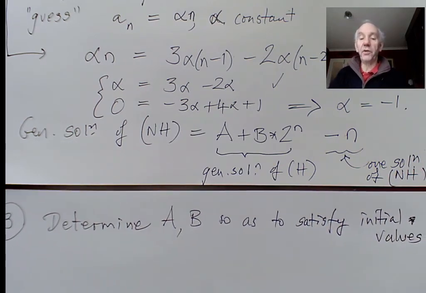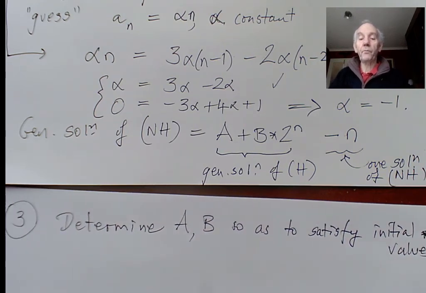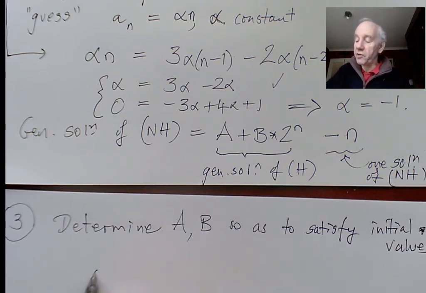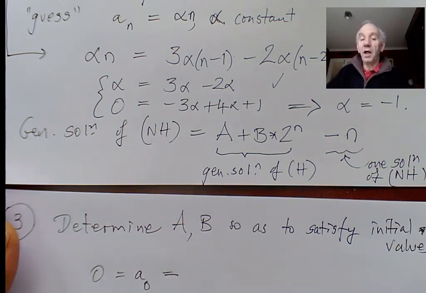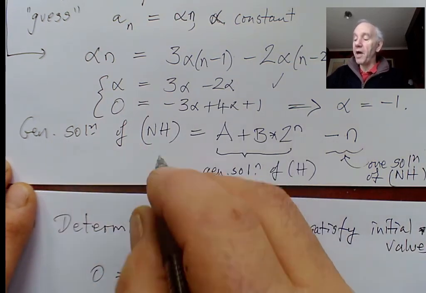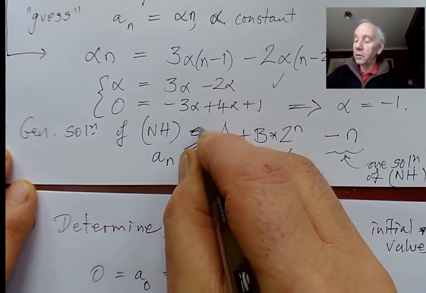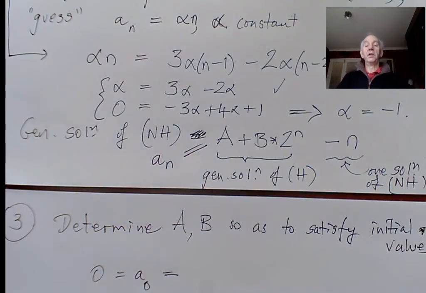The initial values were A0 is equal to 0, but what is A0? I said this is the general solution of NH. What I meant is that AN is equal to all this stuff. So A0 is equal to A plus B times 2 to the 0. That's just B minus 0.